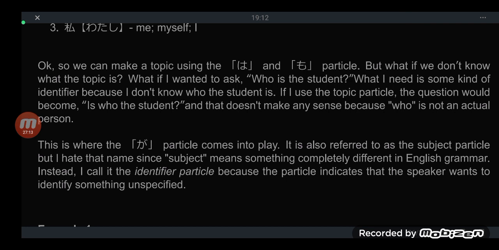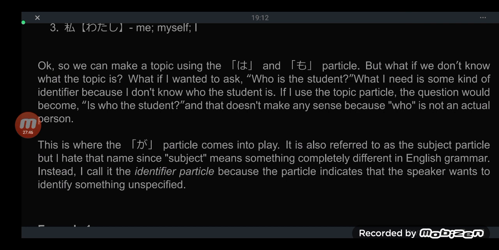Let's say another example. Watashi ga katsudon wo kaimasu. I'm going to buy a katsudon. So you notice after the pronoun watashi, I use the ga to tell you that I am the doer of the action.